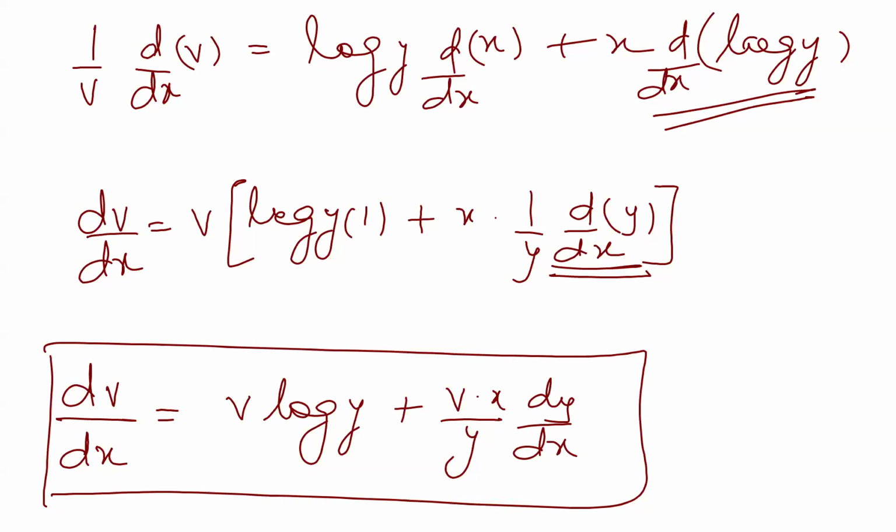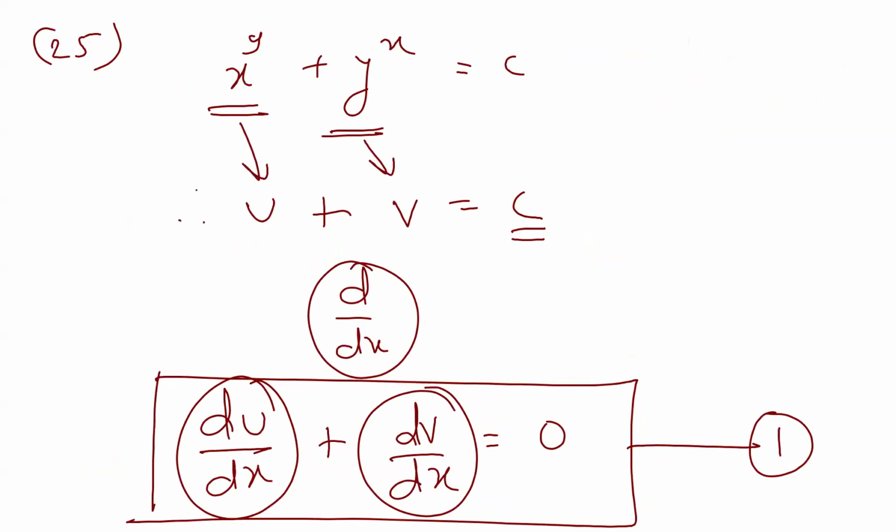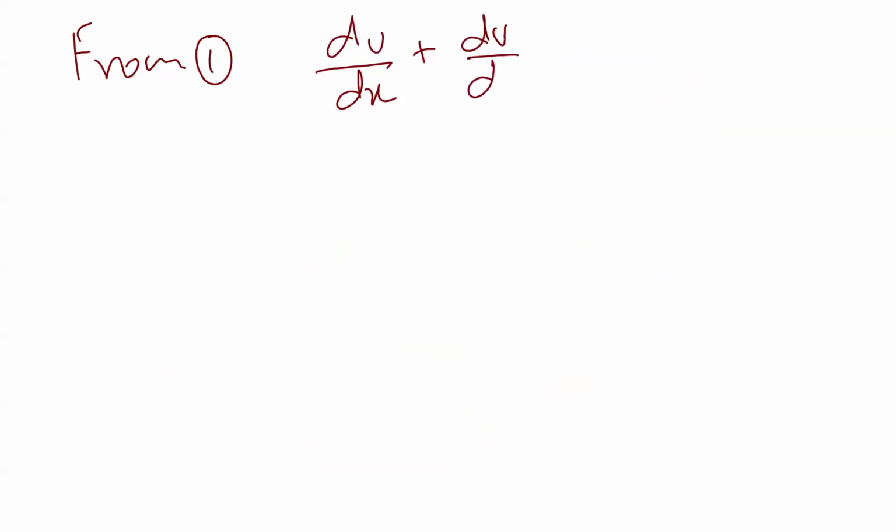So let's go back to equation number 1. We have these two values now, du by dx and dv by dx. From equation 1, du by dx plus dv by dx equal to 0.